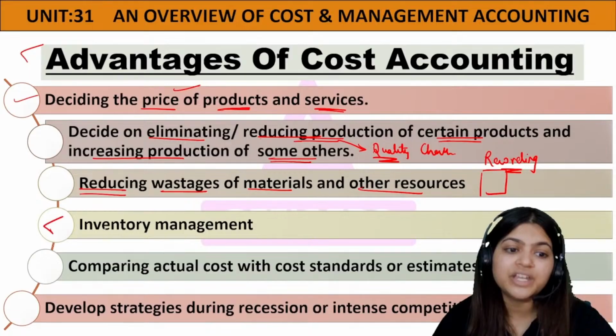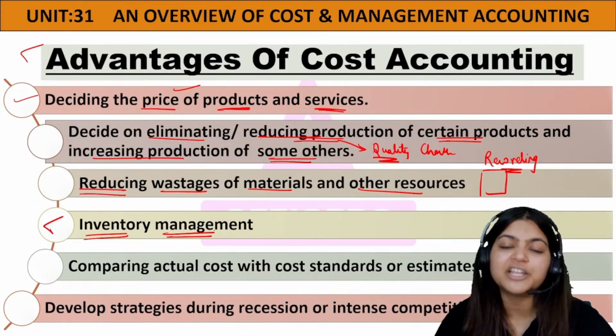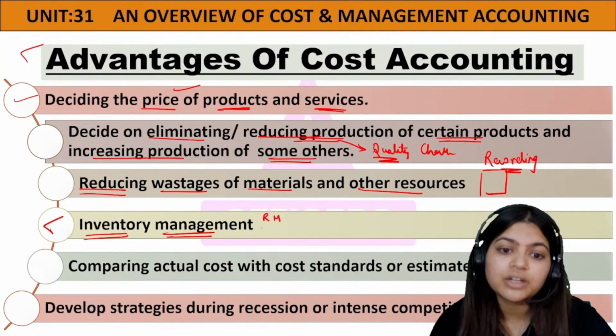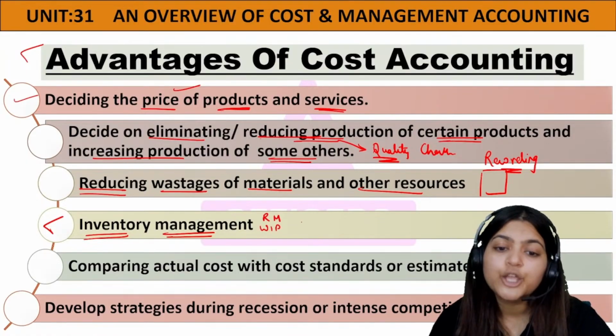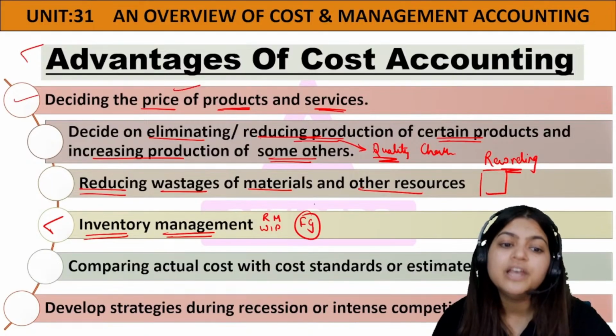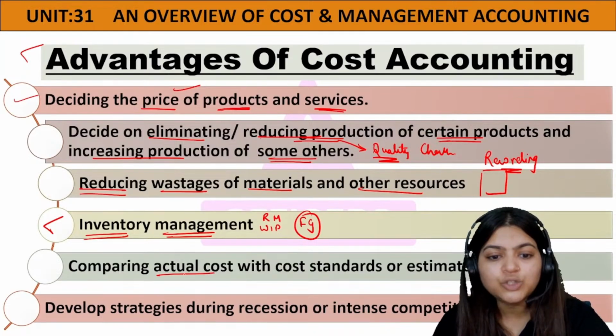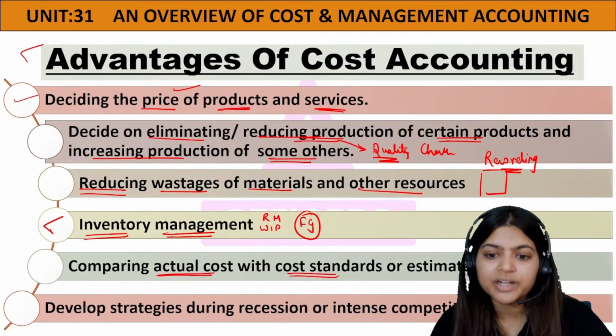Then next is inventory management. Inventory management means you are managing your raw material, your WIP, work in progress, and your finished goods. Now, comparing actual cost with cost standards or estimates.